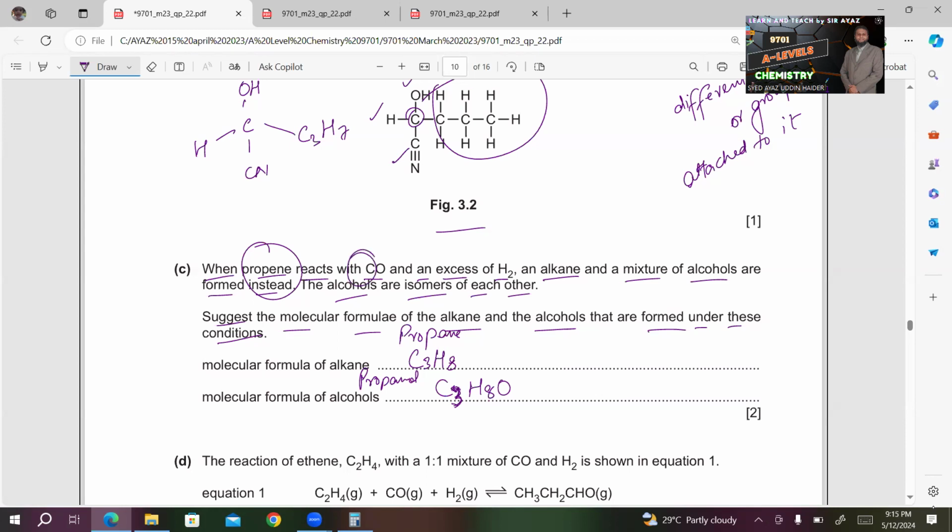Sorry, it's a CO here. So you can't have propanol. It must be butanol. Butanol, 4 carbon atoms. So you will get C4H10O.